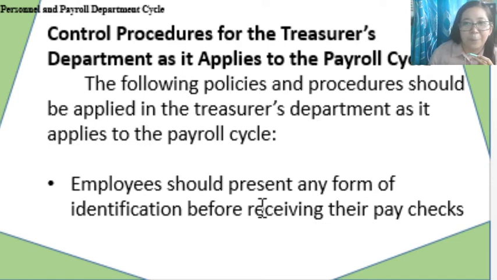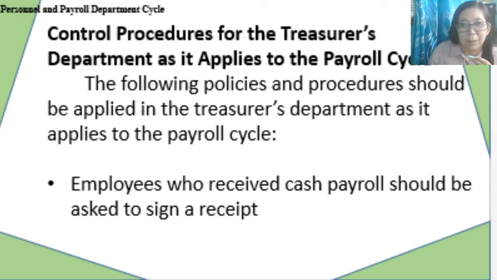So aside from the names and the presence of the employee, there should also be an ID, which serves as proof that the person who receives it is indeed an employee of the entity. Okay, so this will be checked by the paymaster before distributing the paycheck.